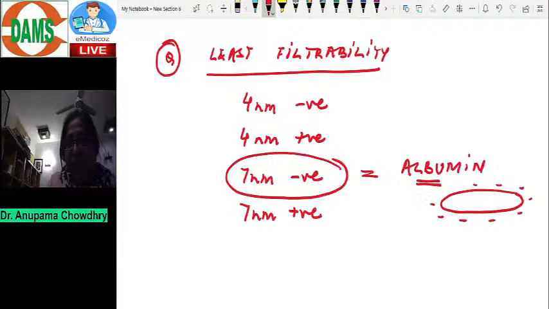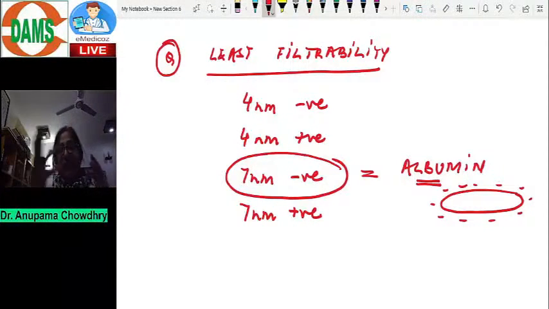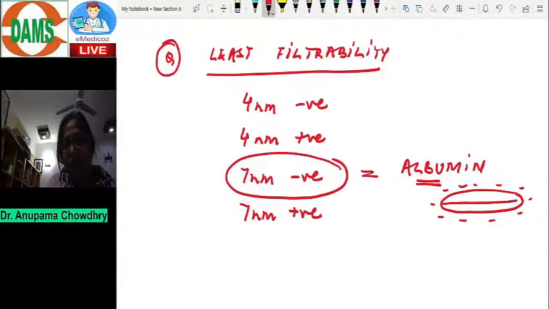When I say effective diameter of albumin, what do I mean by that? Like I said, albumin is ellipsoidal. It's an elongated kind of molecule, with a length of approximately 15 nanometers and a width of about 5 nanometers. The effective diameter of albumin is 7 nanometers.